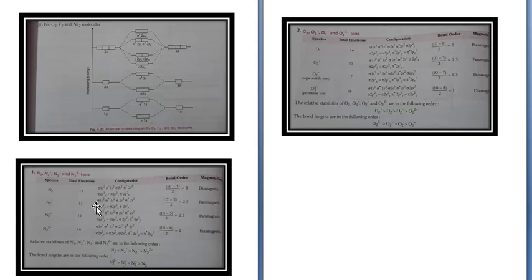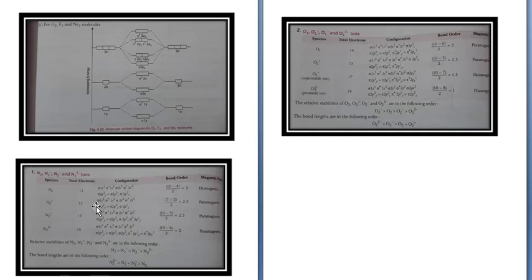So one electron has increased, it has gone to the anti-bonding orbital. So the number of electrons in bonding are the same, 10, but in anti-bonding 1 electron has increased, so it becomes 10 minus 5 upon 2, again 2.5.